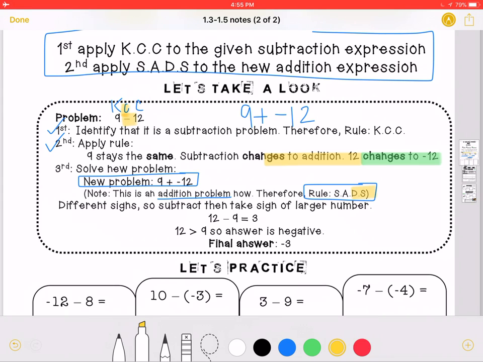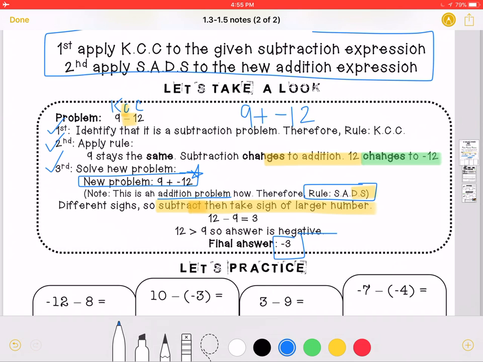They have different signs, right? So when they have different signs, we're going to subtract, then take the sign of the larger number. So I'm going to subtract 12 minus 9. I get 3. And now we're taking the sign of the larger number. 12 is larger, so my answer should be negative. So I get a negative 3 as my final answer.